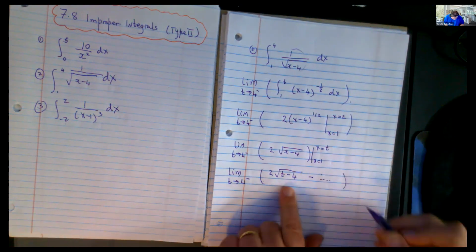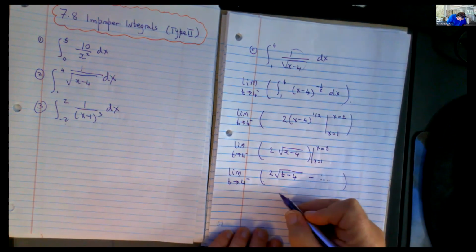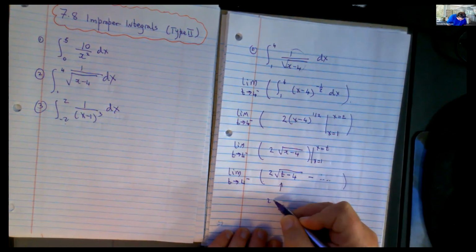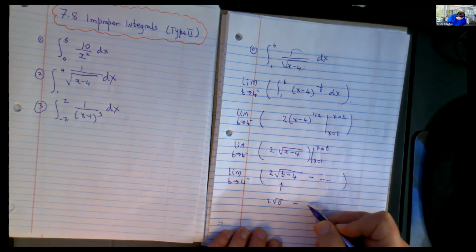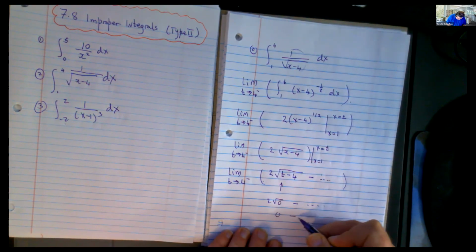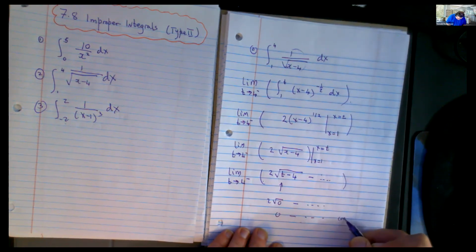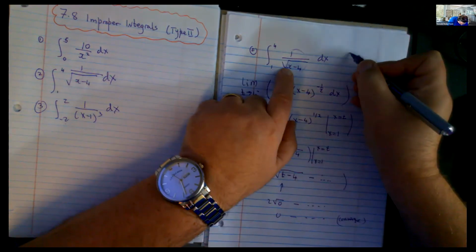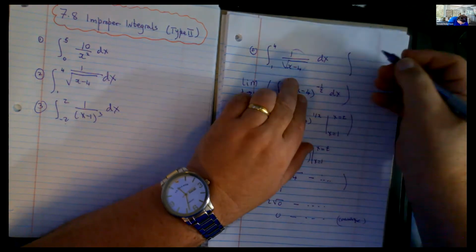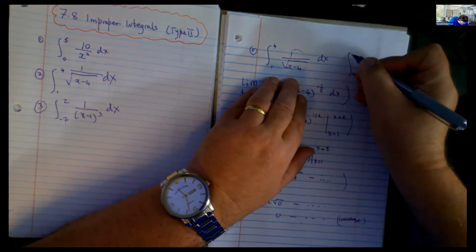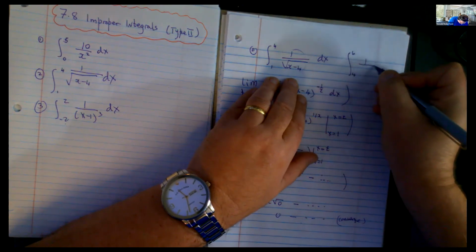What's going to happen when you plug in 4 here? Aren't you going to get 2 lots of the square root of 0 minus a number? 0 minus a number, wouldn't it converge? Now, if you want to know what the real version of that question would look like so that you could actually get an answer, how about 4 to 6?